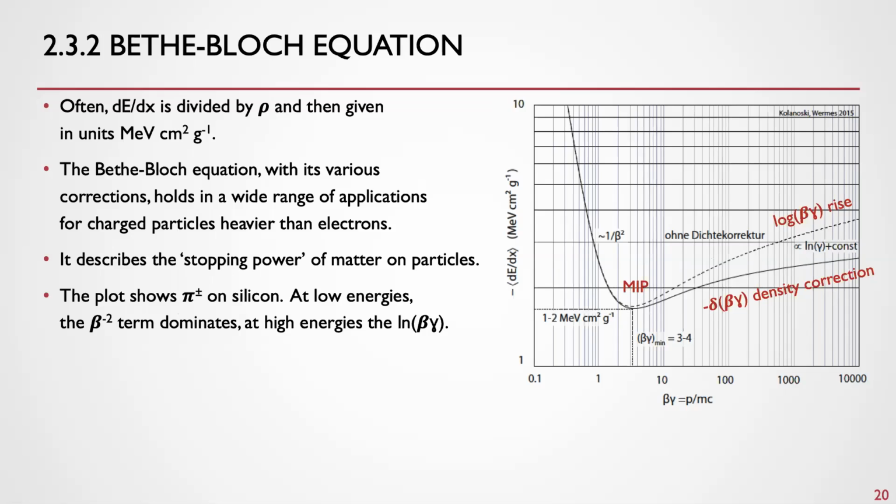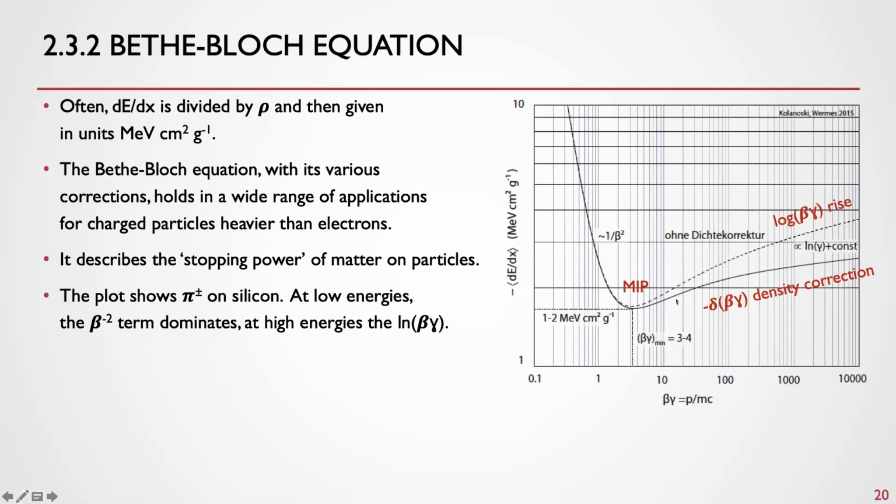And pions are the most abundantly produced charged particles, and hence pions on silicon is the interaction in the signal generation process that's the most abundant for real life applications.